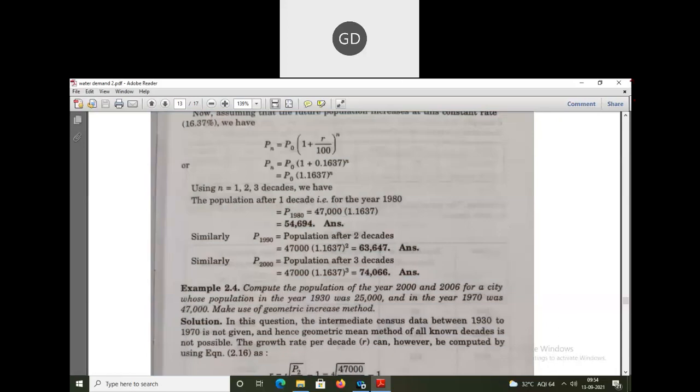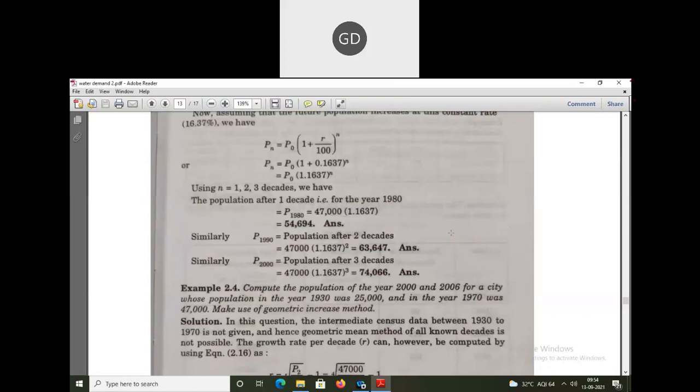Ma'am, how should we calculate the fourth root? In the calculator you can do it. The calculator is provided to you, right? It is there in the scientific calculator.